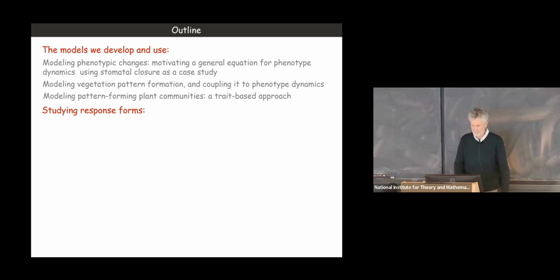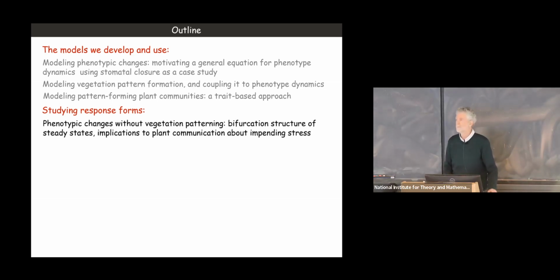I'll explain later what we mean by that. And then using this model, we'll study various response forms, and I'll gradually increase the complexity, but start from the simpler cases of phenotypic changes without vegetation patterning.